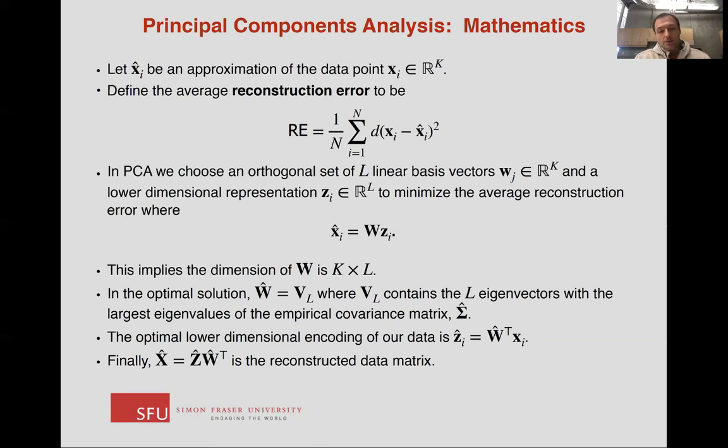So the optimal lower dimensional encoding of our data is given by this formula down here. And then again, the reconstructed data is x hat equal to z hat times the transpose of w hat. Okay, so that's a mathematical description that may or may not be helpful to you.